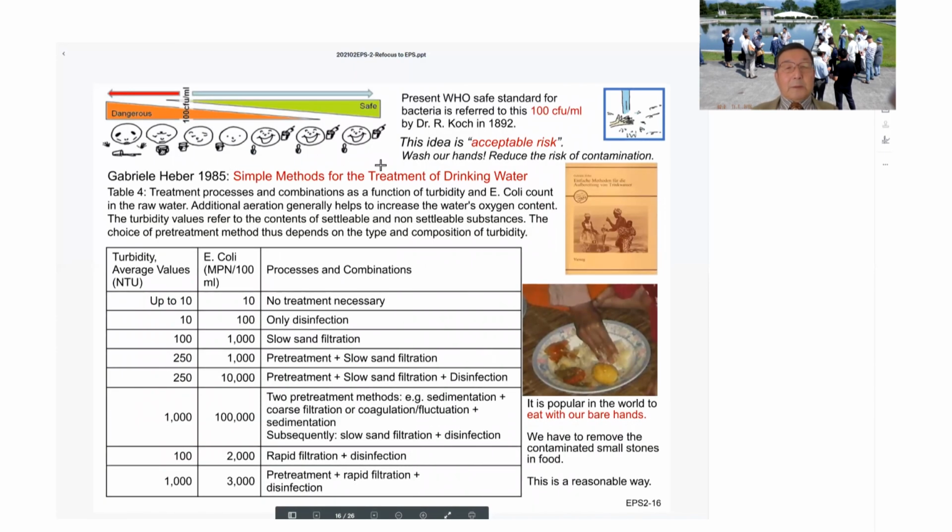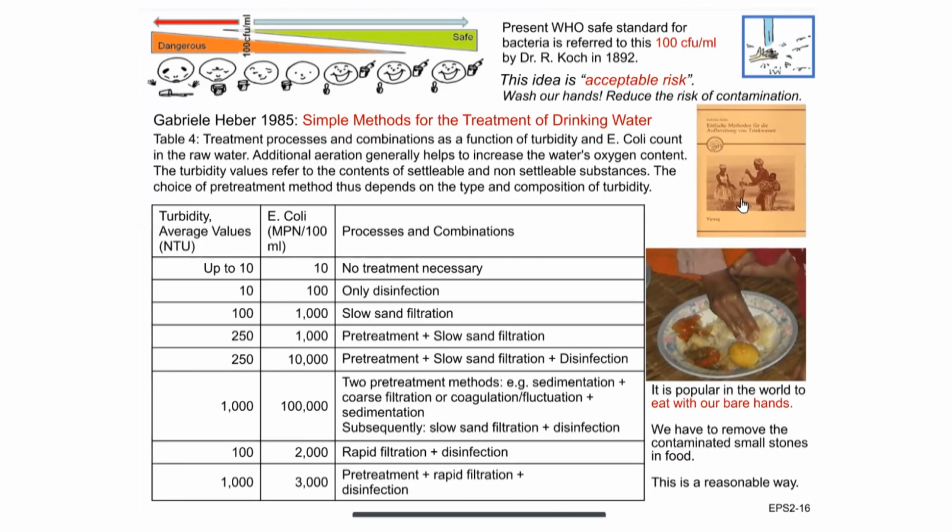Another book is by Gabriel Huisman in 1985, Simple Methods for the Treatment of Drinking Water. This is a German filter manual; the first edition is German, but the second was translated into English.